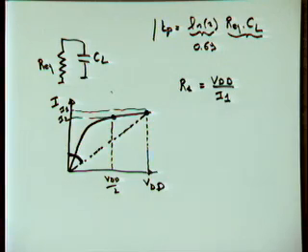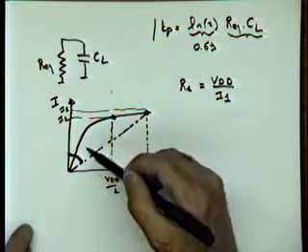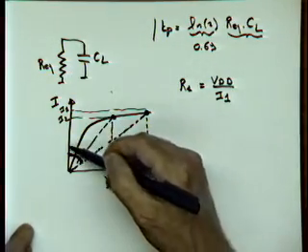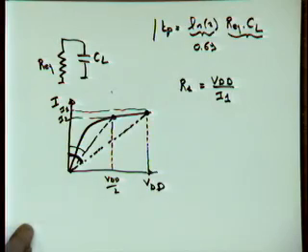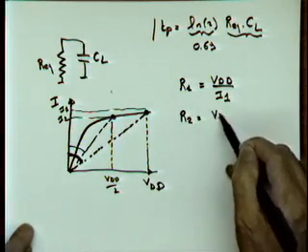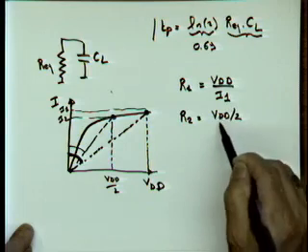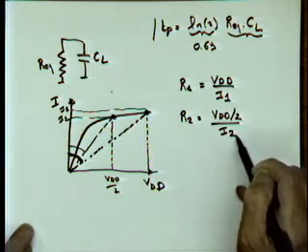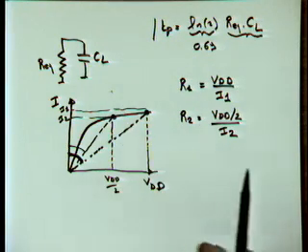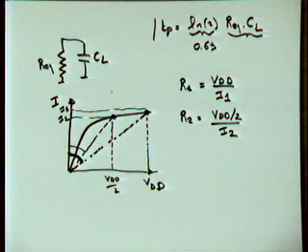So it's VDD over I1. At the midpoint, we have a different resistance. The resistance has actually gone down. R2 is going to be equal to VDD over 2 divided by I2, which is the current at this point.